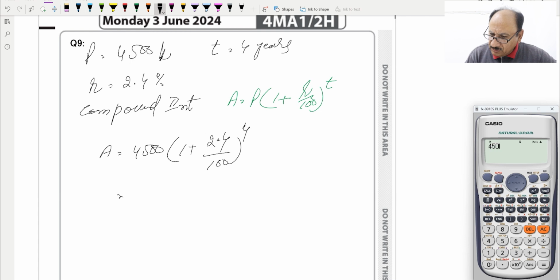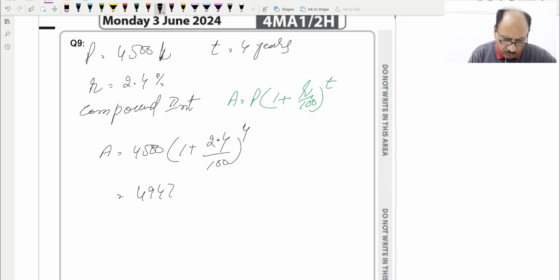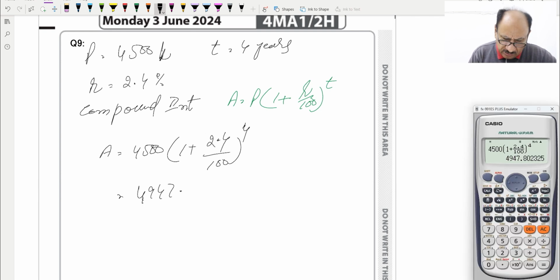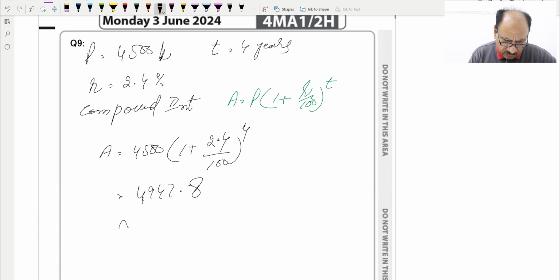That is 4500 times 1 plus 2.4 over 100, raised to the power 4, and this is giving us 4947 point, calculator is giving us 88, and this will be rounded to 4948 kronas.